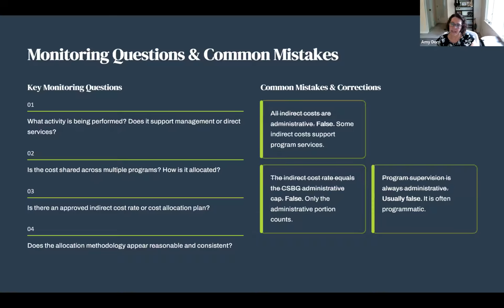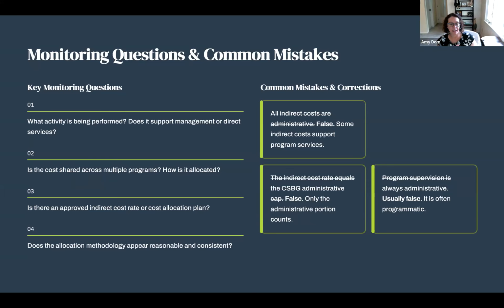I know some states have gone to issuing state level indirect cost rates if the organization doesn't have a federally mandated indirect cost rate. So they may have that state level indirect cost rate, or they may still be operating strictly on a cost allocation plan.